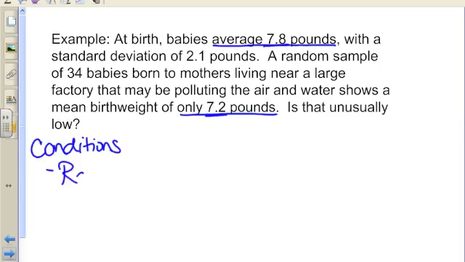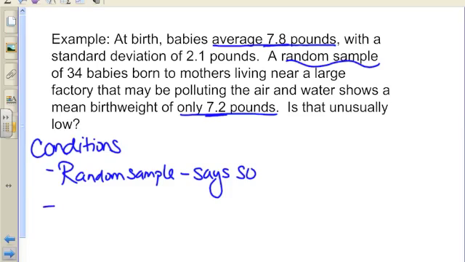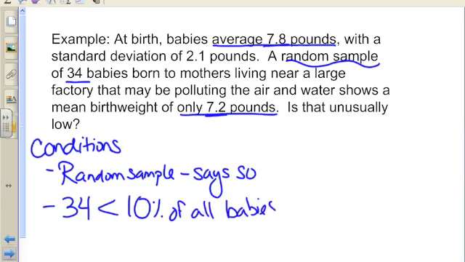Condition number 1, do we have a random sample? Well, as a matter of fact, we do. It's said right here, right? A random sample. So I'll just write down that it says so in the problem. All right, then I'm checking to see, is my sample less than 10% of the population? Well, I checked out 34 babies, so 34 needs to be less than 10% of, well, is it all babies in the world?